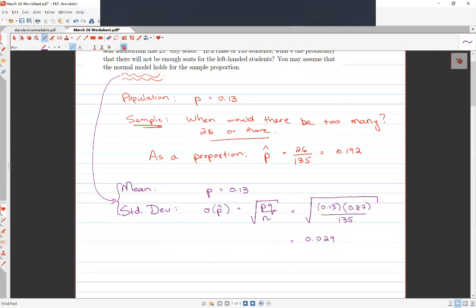So what I know here is that I am working with a normal model, N for normal. It has a mean value, or the peak of the normal model is at the value 0.13, and it has a standard deviation of 0.029.